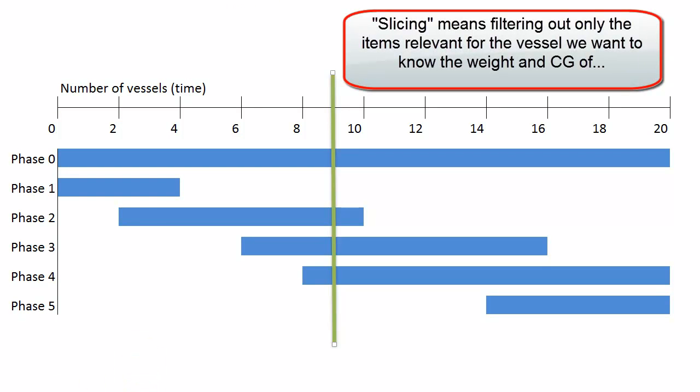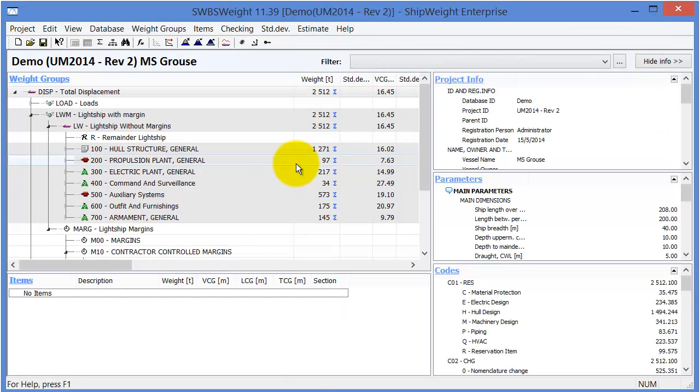We have to cut through at a specific vessel to get the right weight and center of gravity for this specific vessel, because right now the total displacement here showing 2,512 tons will be the summary of all items, meaning the summary of all phases, which is not any particular vessel.